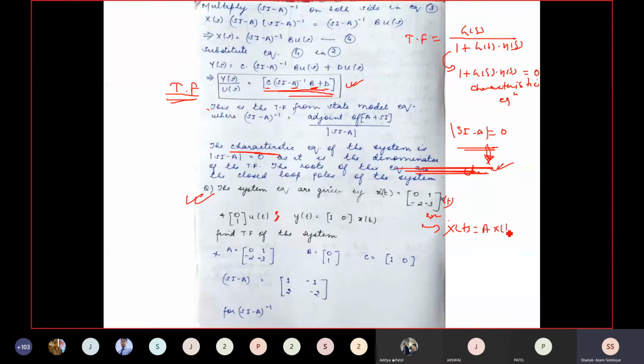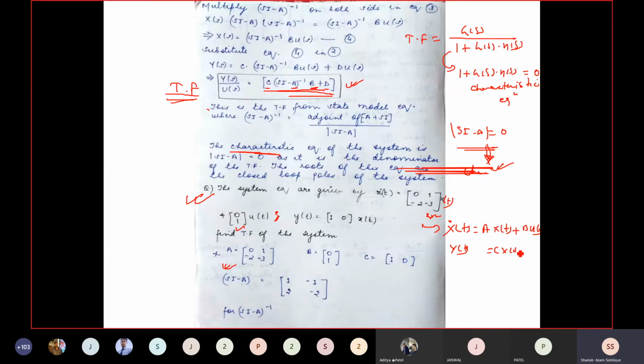We can compare from this equation and find A and B. Similarly, we have y of t equal to [1 0] x of t, and we don't have D. The equation is y of t equal to Cx of t plus Du of t. Since Du of t is not there, D will be 0, and C will be [1 0].